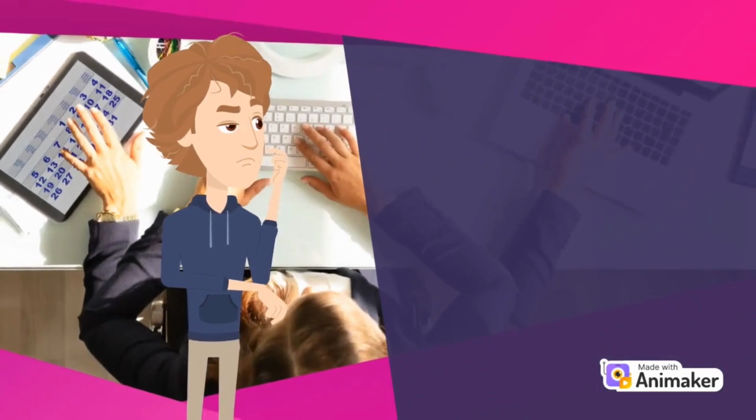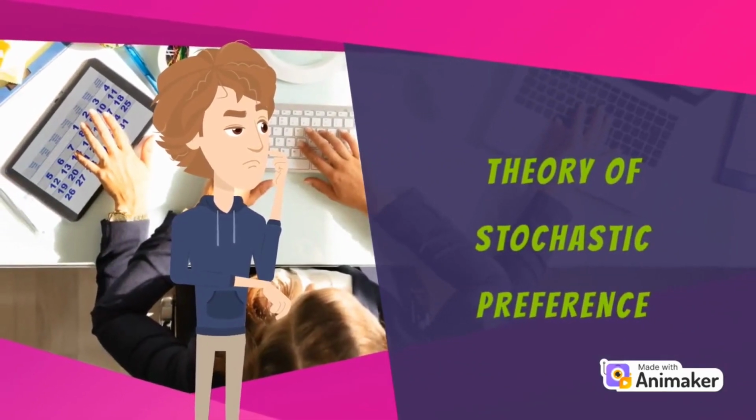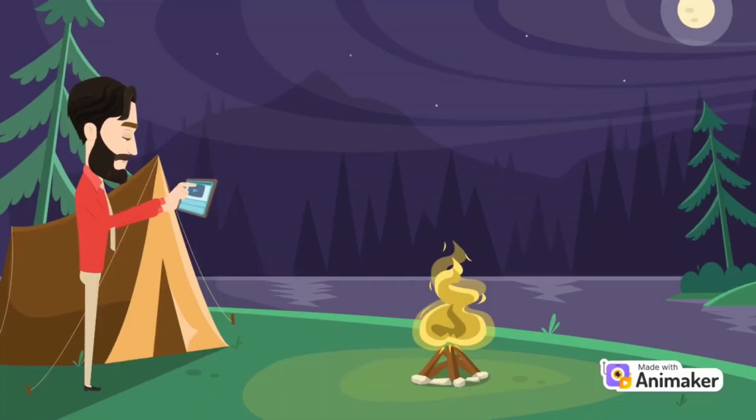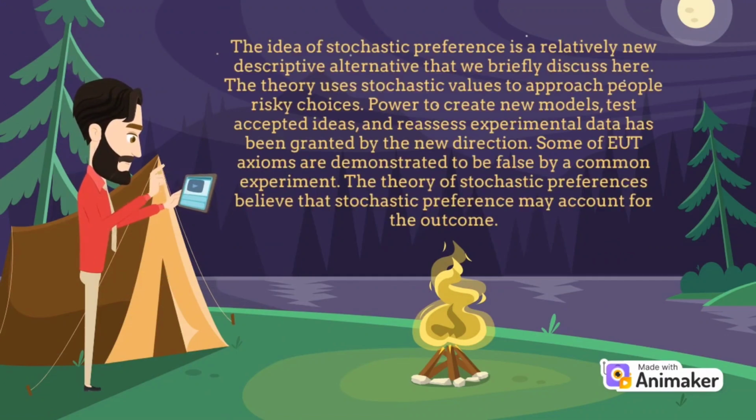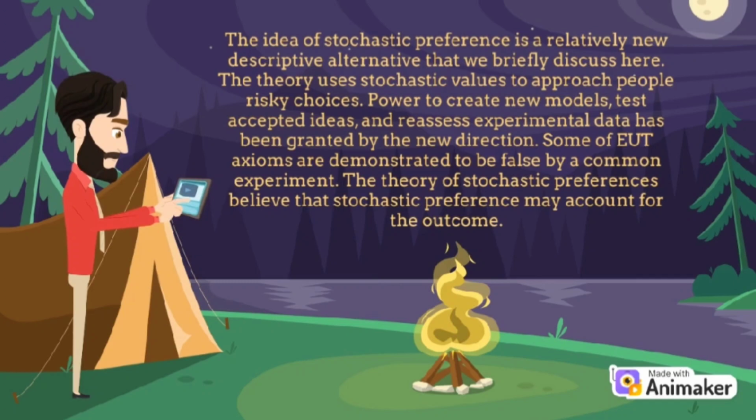Okay, next we go to theory of stochastic preference. The idea of stochastic preference is a relatively new descriptive alternative that we briefly discuss here. The theory uses stochastic values to approach risky choices, and the new direction has granted power to create new models, test accepted ideas, and research experimental data.